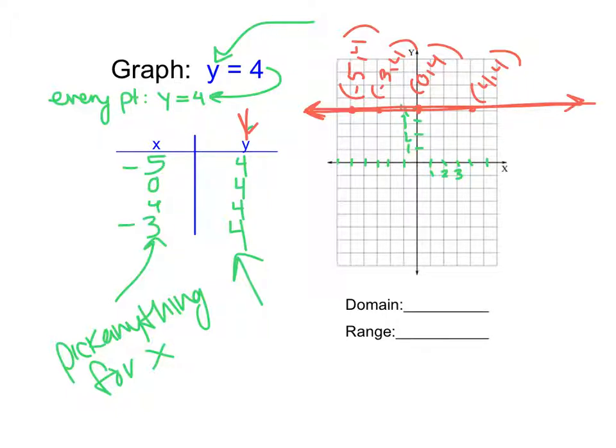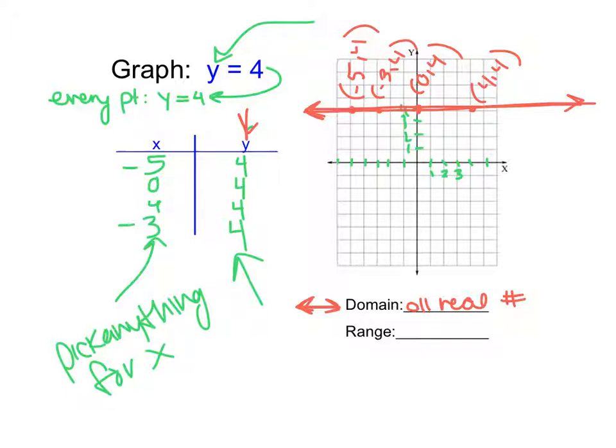Now, for these lines, our domain and range are a little bit different. Here we can see that our graph is going forever to the left and forever to the right. So what this is telling us is that our domain is still all real numbers because we're going forever right and forever left. We're using all of those horizontal number line values. But where this is different is on the range.